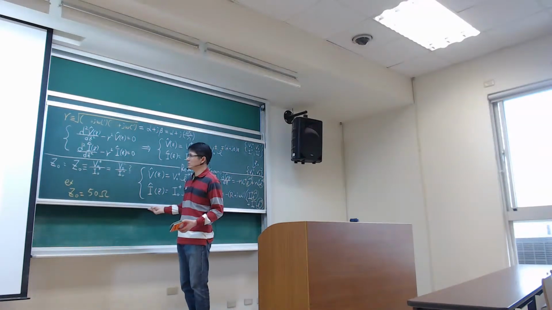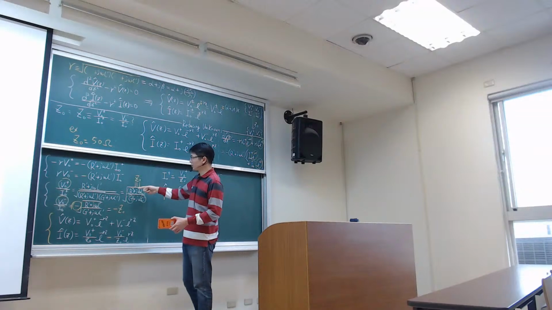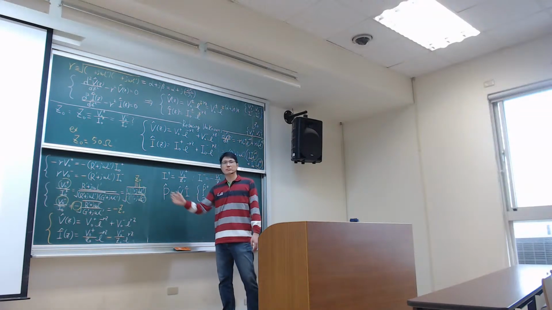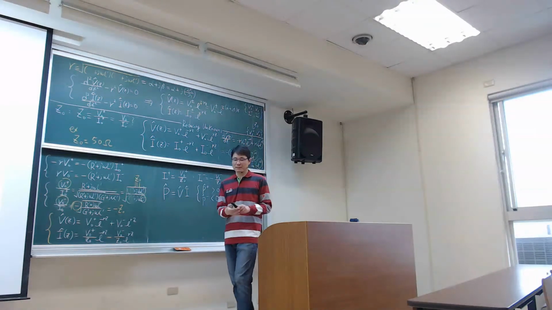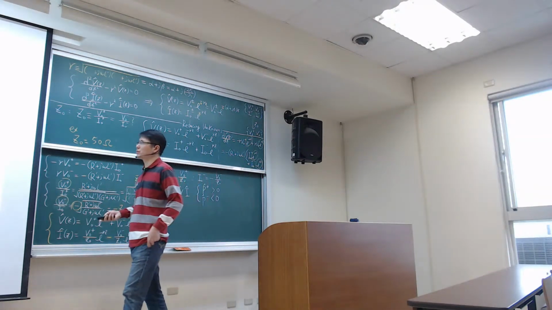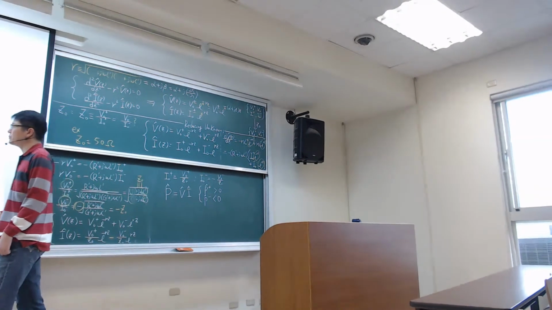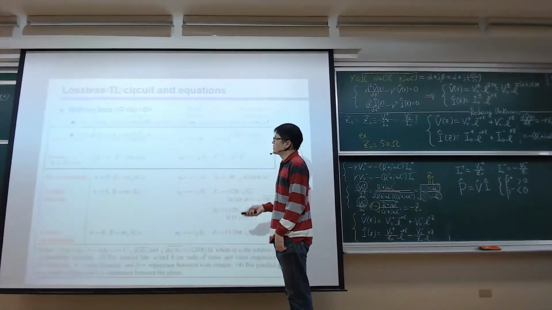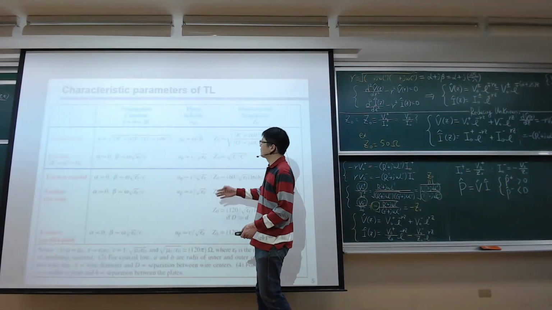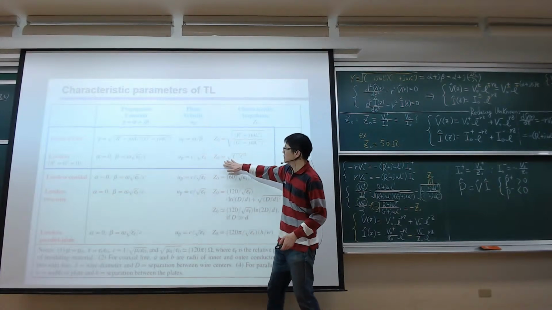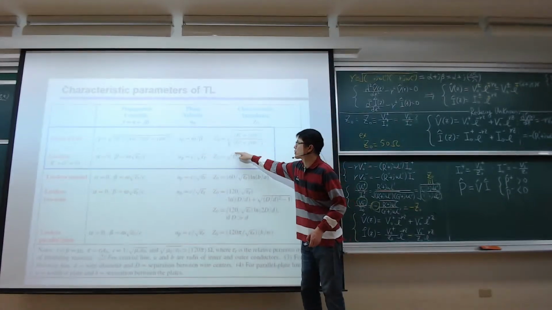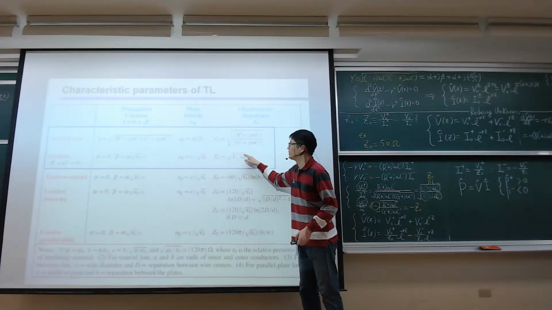Simplified version. The characteristic impedance is also simplified. I'm a very nice guy, I'm going to show you the results. Without loss, the characteristic impedance is the square root of L prime divided by C prime.